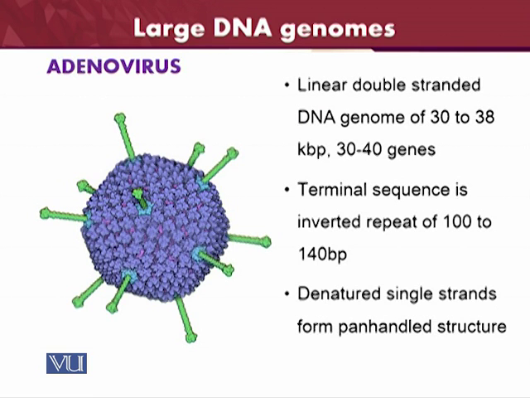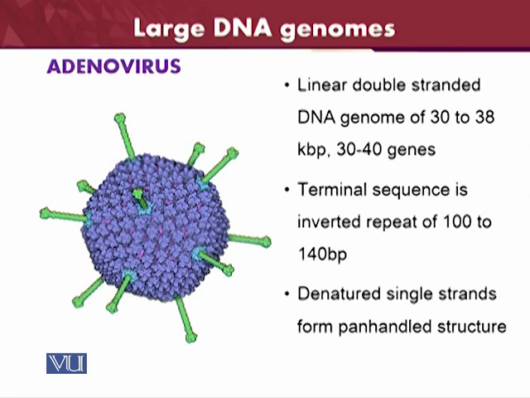Then among the large DNA genomes, we have also seen the adenoviruses. This is a linear and again double-stranded DNA genome, about 30 to 38 kilobase pairs in length and encoding about 30 to 40 genes. The terminal sequence is an inverted repeat of 100 to 140 base pairs, and denatured single strands form pan-handle structures.